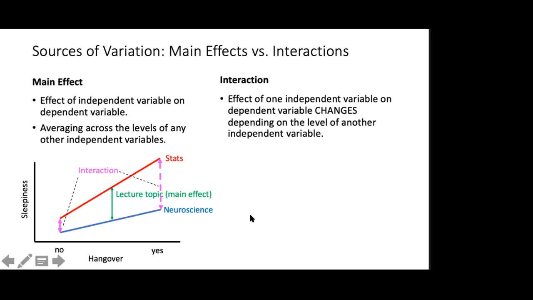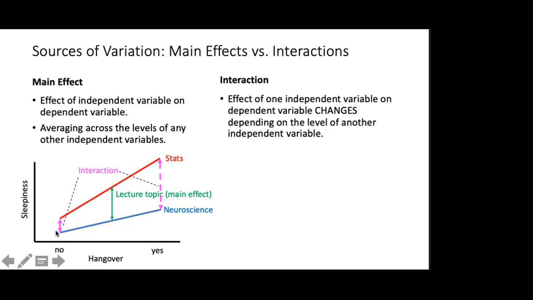The same way, we could look at the main effect of hangover across the two levels of lecture topic. Again, we would take the mean difference in the middle, so that would be our difference. If we would draw, oops, sorry about that, we would draw a line here in the middle.